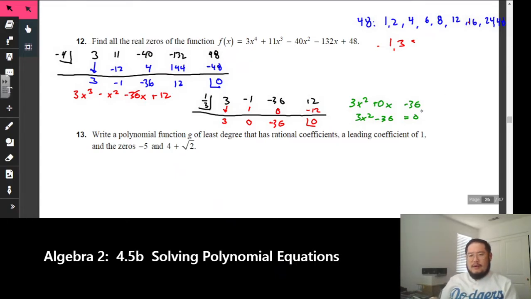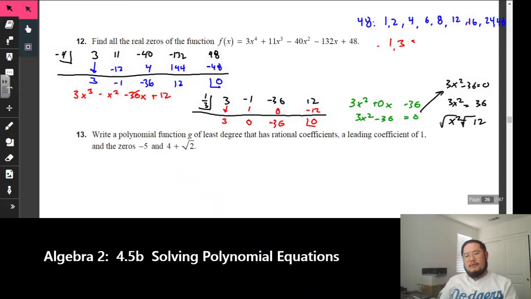And you're saying, what do you mean by that, Mr. Kim? Well, let's take 3x squared minus 36 equal to 0. Let's take 3x squared and add 36 to both sides. And there you go. 3x squared is equal to 36. I could divide both sides by 3 and get x squared is equal to 12.